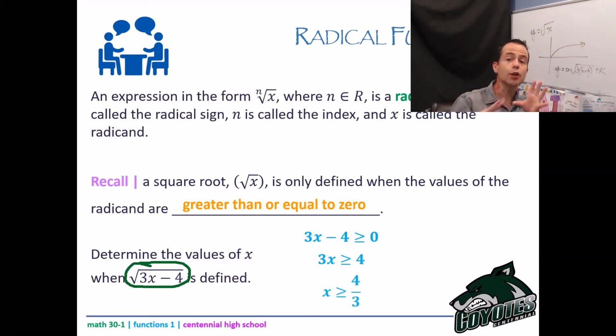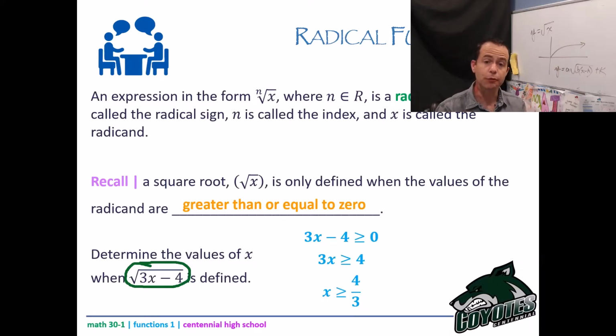Now, you did a lot of that in 20-1, so this should feel pretty familiar. The big difference between 20-1 and 30-1 is we connect all the number stuff that you did in 20-1 to the visual aspect in 30-1. What I want you to understand is those restrictions on a radical graph actually become the domain of the graph.